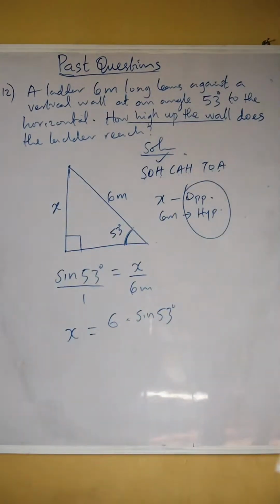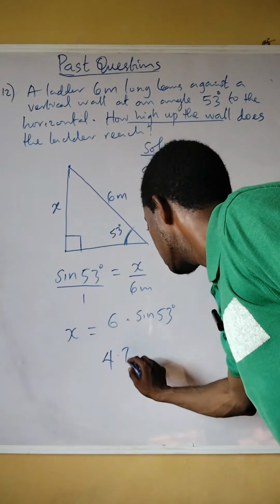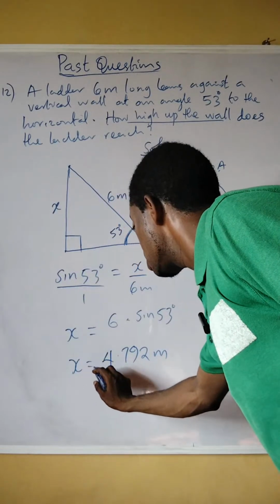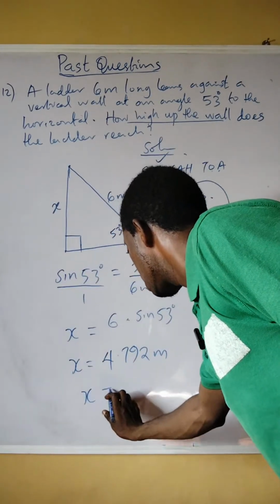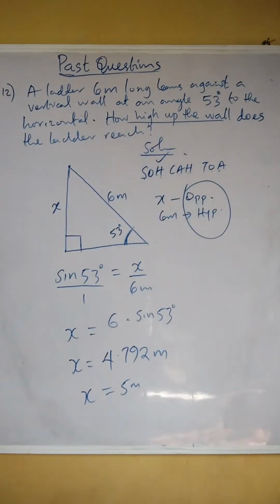You can use your table or calculator to get sine 53 degrees and multiply by 6. That gives us 4.792 meters. If to the nearest meter, we are going to have 5 meters. So that is that on this question on the ladder.